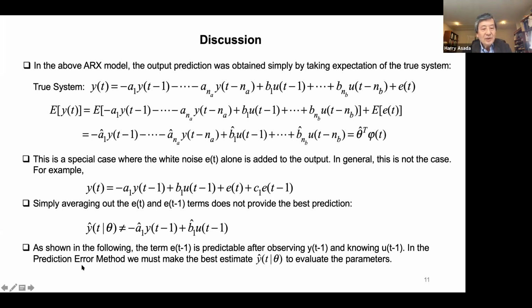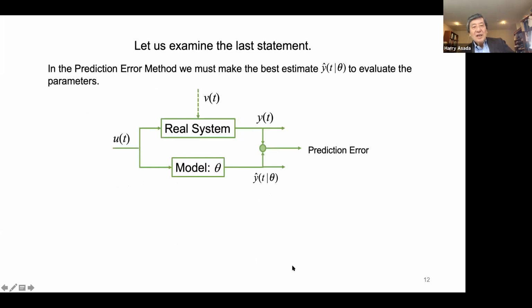In the prediction error method, we must make the best estimate to evaluate the parameters. Let me elaborate on that last statement. Why is that?